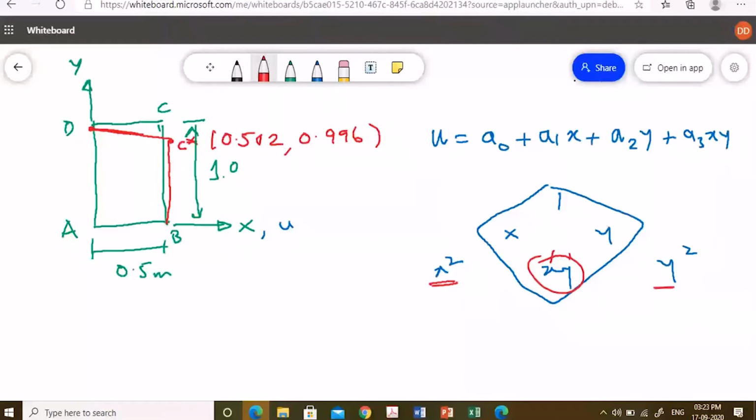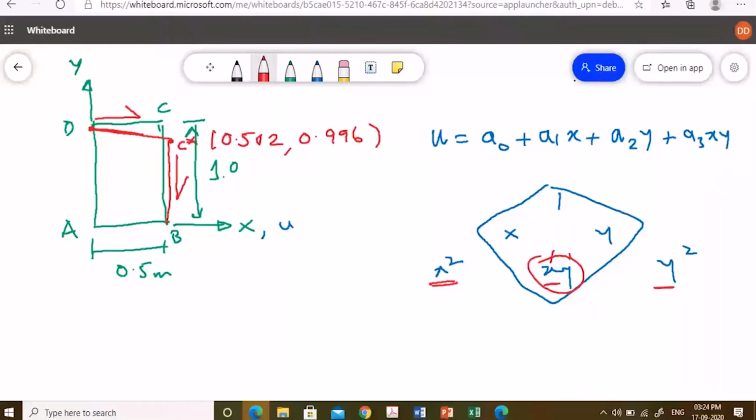So we are taking this additional nonlinear term, the xy term. And why this xy? Because a clear shearing has occurred here, and this is that shear component which will come from this xy term.